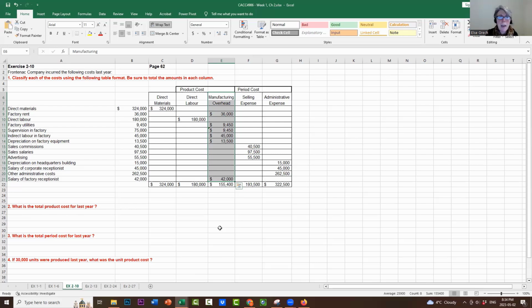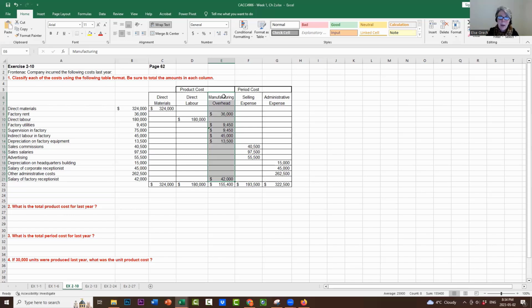Like if we didn't have a factory, then we wouldn't be able to produce the product. If we didn't have the depreciation on the machinery because we didn't have the machinery, we wouldn't be able to produce the product. So all of these things are considered manufacturing overhead because we need it to produce the product, but it's not directly touching the product. It's not directly traceable to the product.